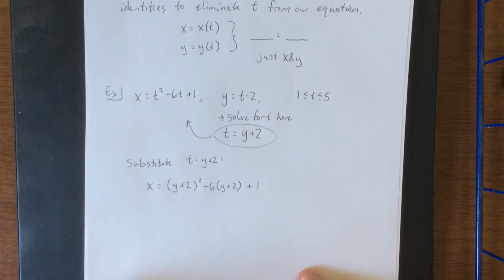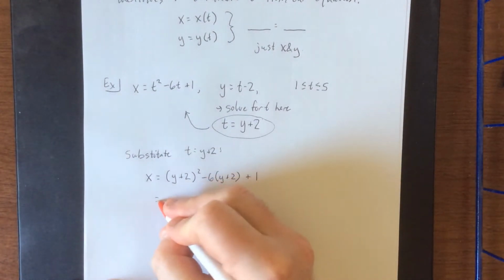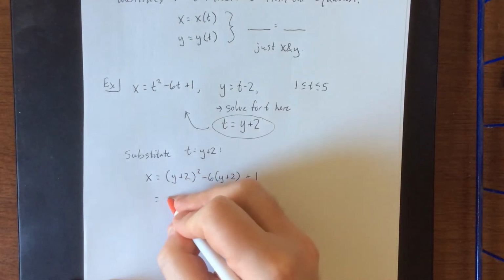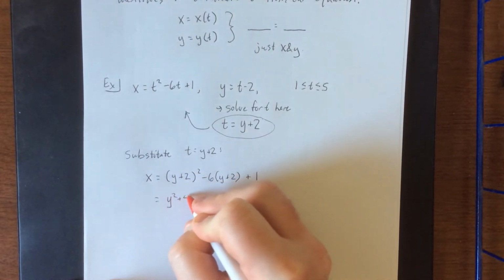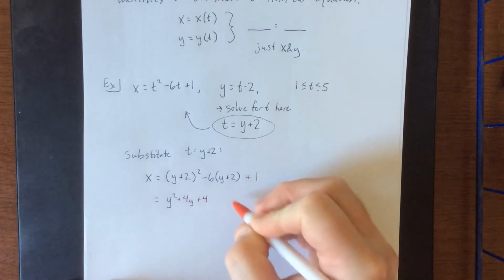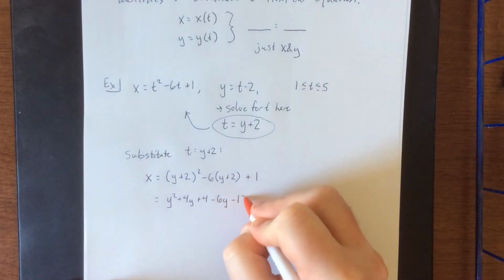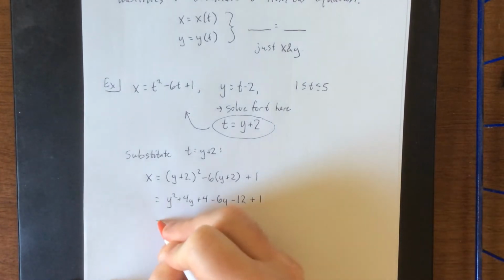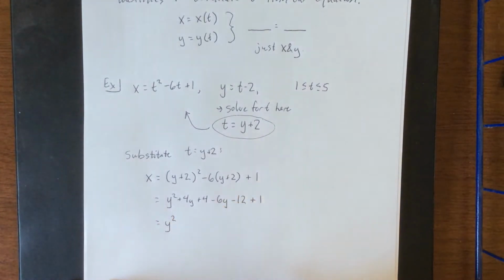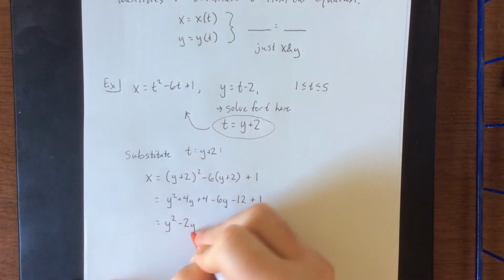However, if you wanted to expand and then combine like terms, you could certainly do so. Expanding the y plus 2 quantity squared, that'll be y squared plus 4y plus 4. Distributing the minus 6, we'll get minus 6y minus 12 and plus 1. Combining all of our like terms that I see here, this will be y squared. Combine those two together, we'll get minus 2y.